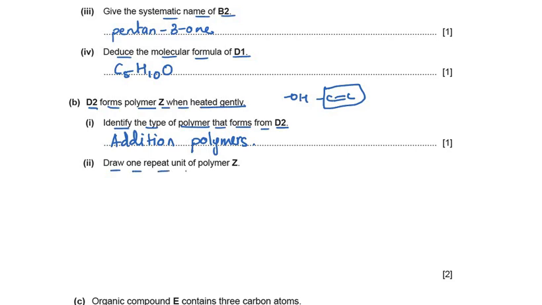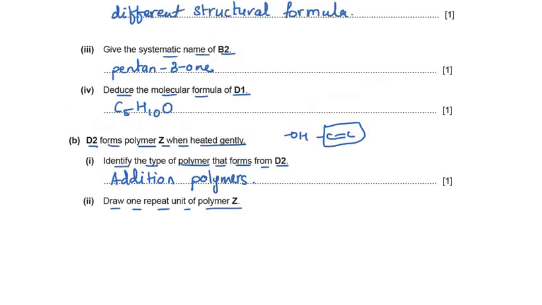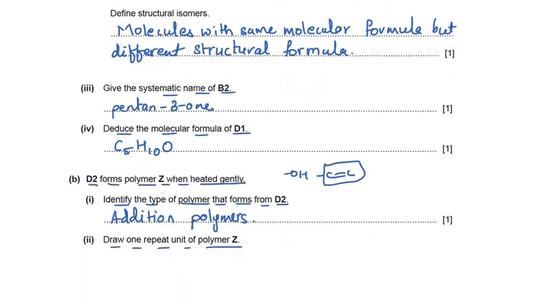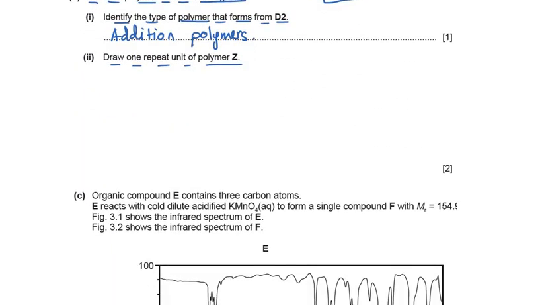Draw one repeat unit of polymer Z. For that, let's have a look at the structure of D2. In D2 we can see there are 1, 2, 3, 4 carbon atoms, and on the fourth carbon we have an alcohol, and between the first and second carbon we have a double bond. So the addition polymer will be formed between the first and second carbon atoms.